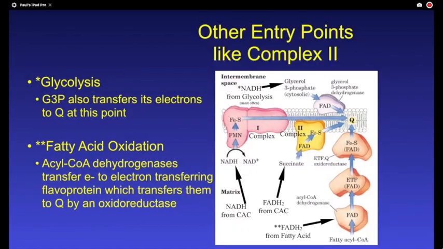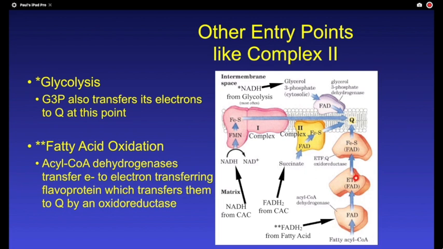The other one, going through glycerol 3-phosphate to dihydroxyacetone, is the entry of electrons through glycolysis from the NADH from glycolysis. And then this whole chain right here is what we will see in terms of breaking down fats.